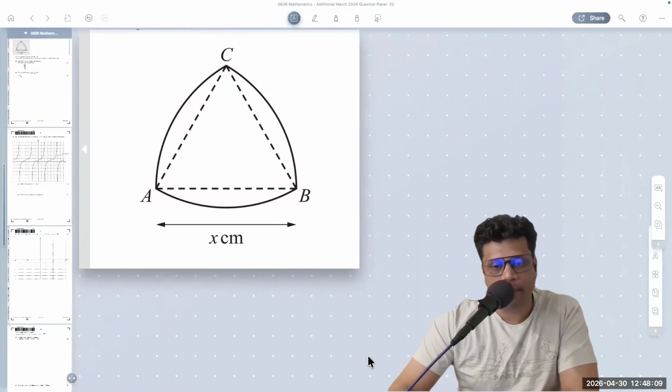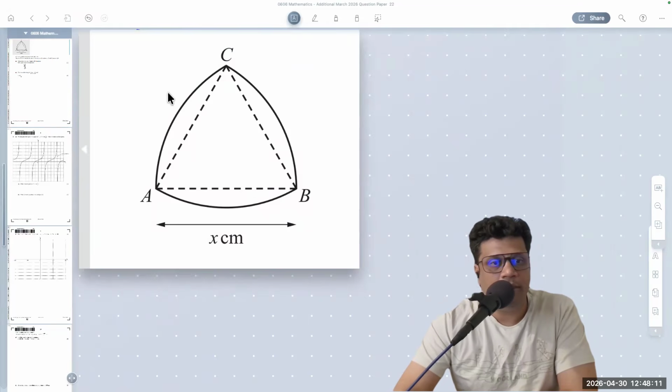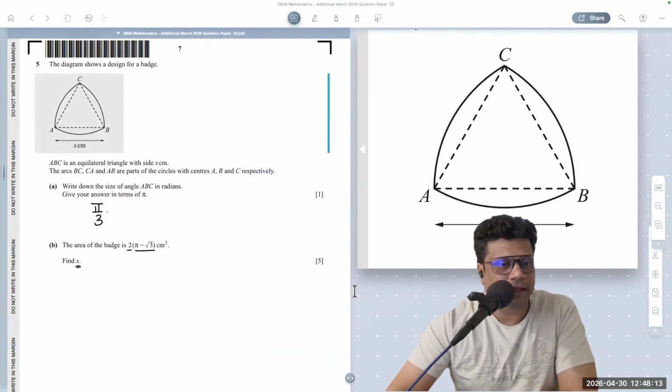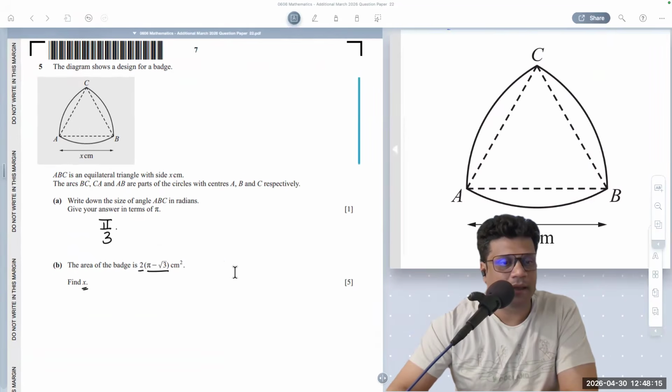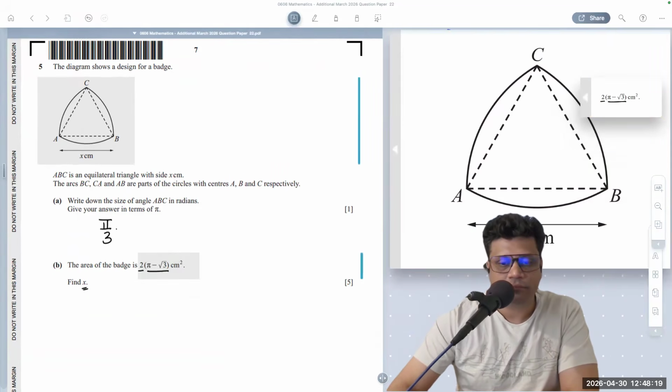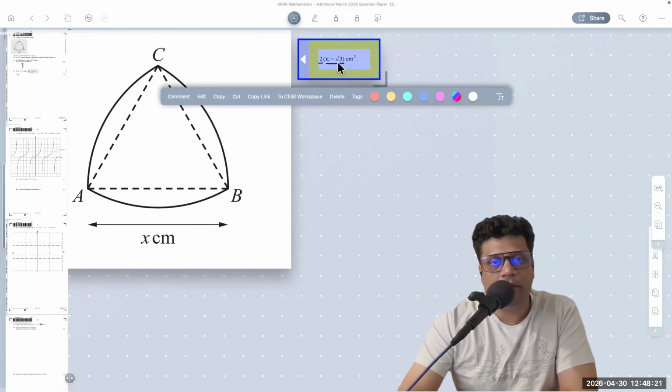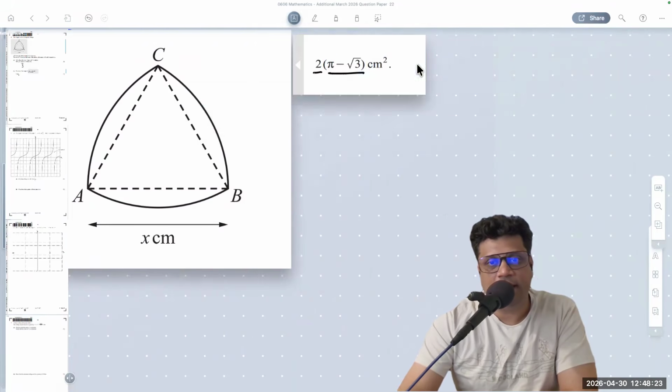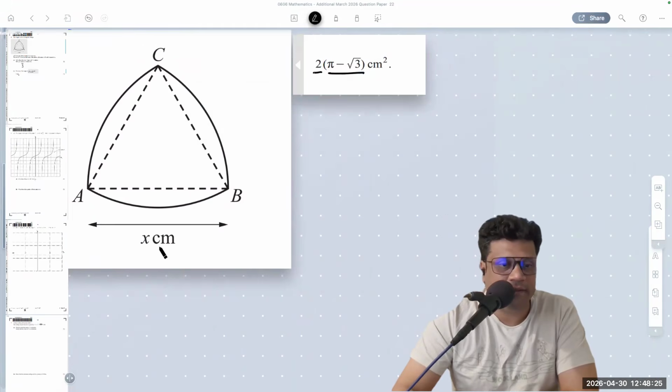And when they've already told the area, it's 2 times (pi minus 3). So this is the area they're saying it is. Find out x, this length.